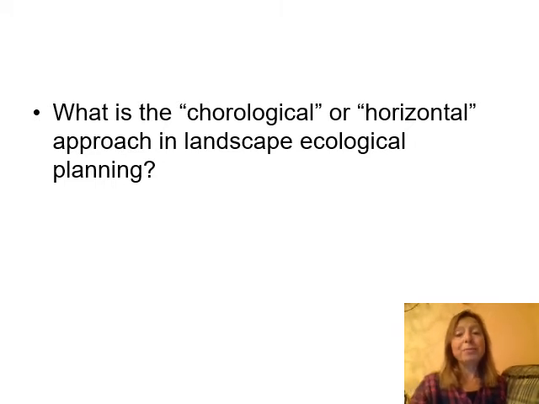So in labs 1, 2, and 3, you mainly were focusing on chorological or horizontal relationships within the landscape, exploring how patches and corridors and matrix are related, and you were making those sketches. You were really looking at the landscape as it appears on the map.